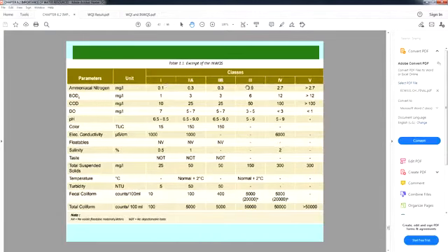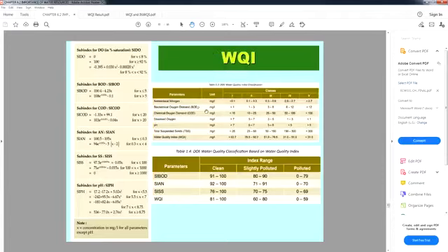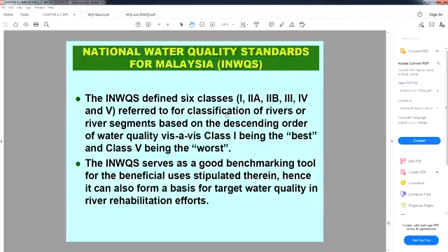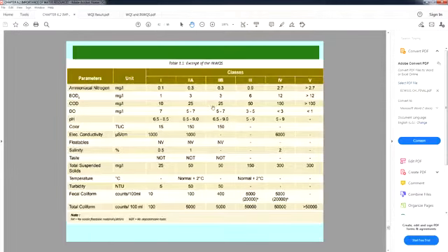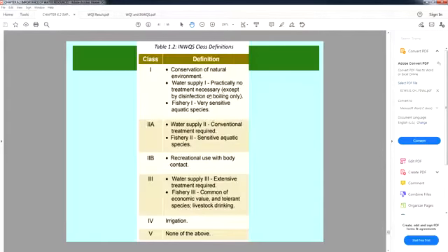So different from the WQI, INWQS ni dia tak ada formula apa-apa, dia tak perlu kira apa-apa, you just compare the data saja. Okay, so it is class 1, it's good for the conservation of natural environment. Practically no treatment necessary, so tak perlu treatment pun tak apa kalau dia class 1, except kita boleh buat disinfection ataupun boiling only.